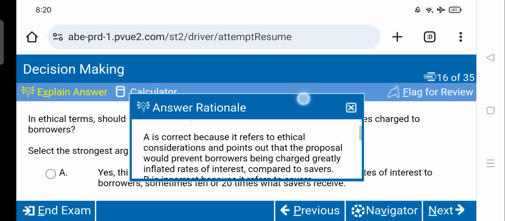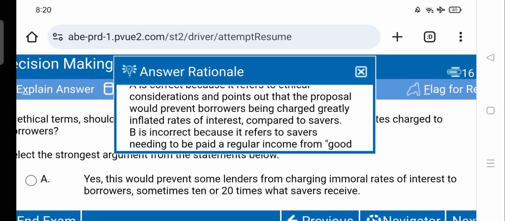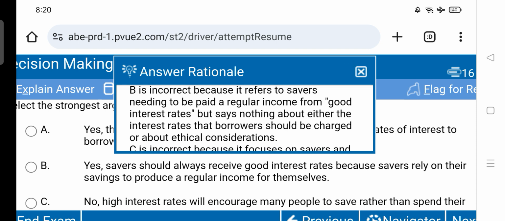Option A is correct because it refers to ethical considerations. It points out that the proposal would prevent borrowers being charged greatly inflated rates of interest compared to savers. Option B is incorrect because it refers to savers needing to be paid a regular income from good interest rates, but says nothing about either the interest rates that borrowers should be charged or about ethical considerations.